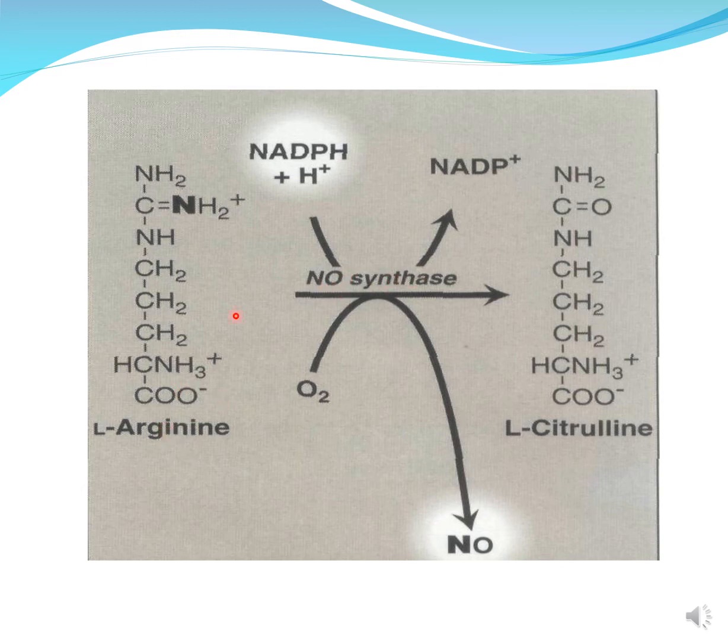Nitric oxide synthase will convert arginine into citrulline with the production of nitric oxide, and it requires NADPH. We don't have a single nitric oxide synthase. In fact, we have 3 types of nitric oxide synthase. They are discussed thoroughly in your textbook. You should be familiar with them. Read them, please.